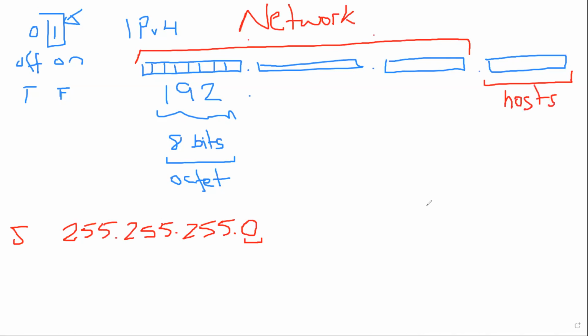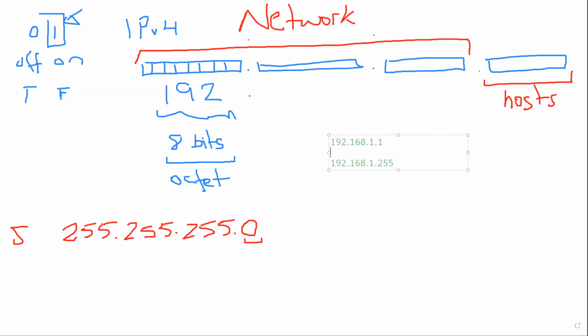Easy enough. So if we have 192.168.1.1, my network can take up to 192.168.1 dot, anyone? 255. So my network starts here and my network ends here.